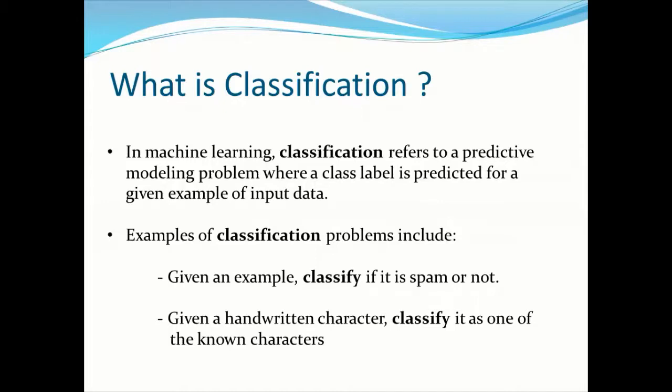Or there could be another use case for classification where you have pictures of 10 digits in which you have to identify which picture represents which number. So in that case, classification comes into play.